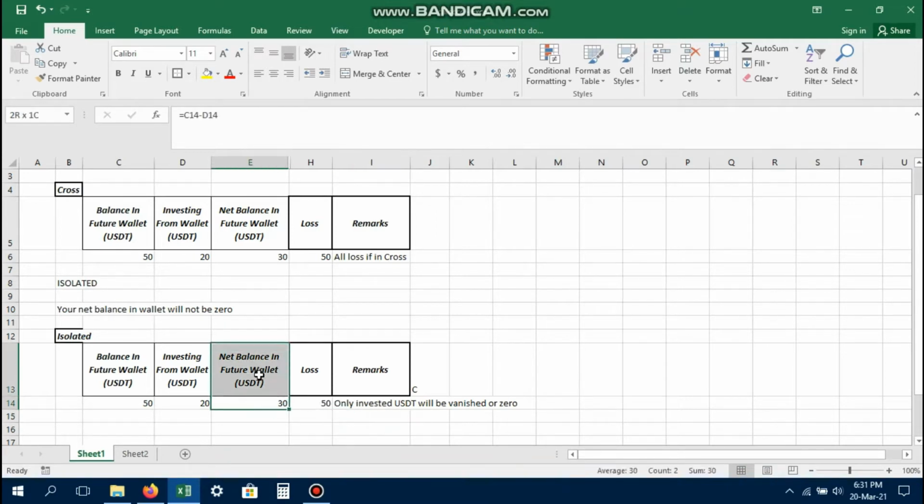You will still have 30 USDT in your wallet. So that's the difference between cross and isolated.